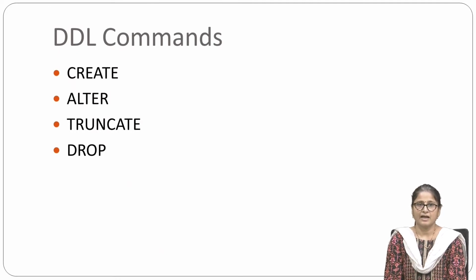After that we will discuss the truncate command, basically used to remove the data from the tables. Then the drop command, basically used to delete the data itself as well as the table. The table definition will be removed from the database.